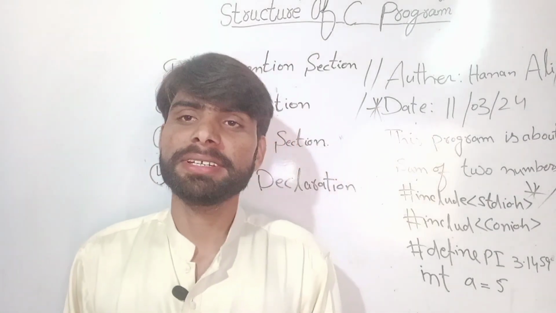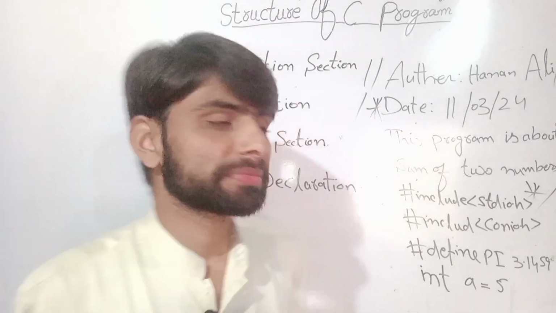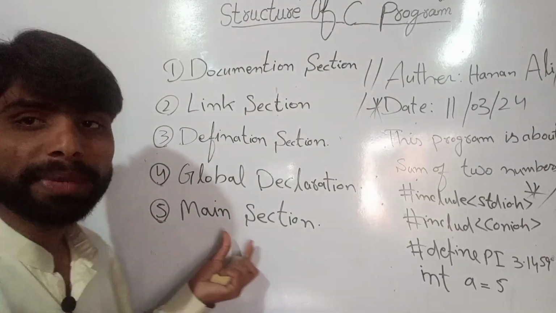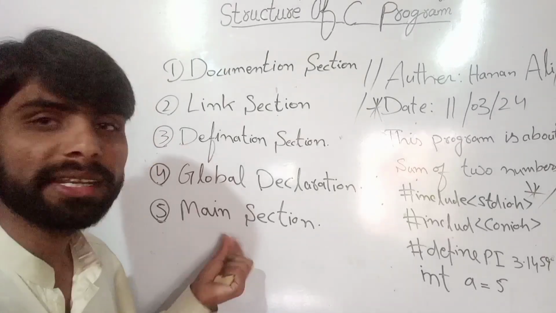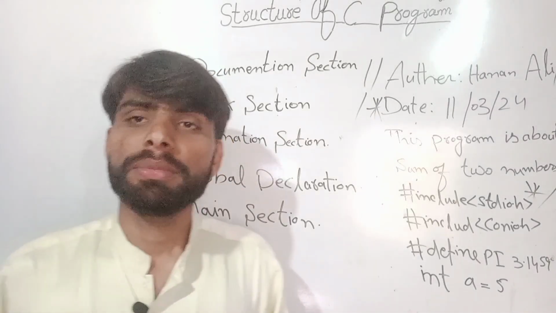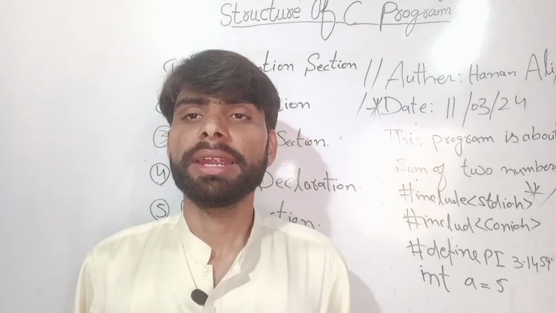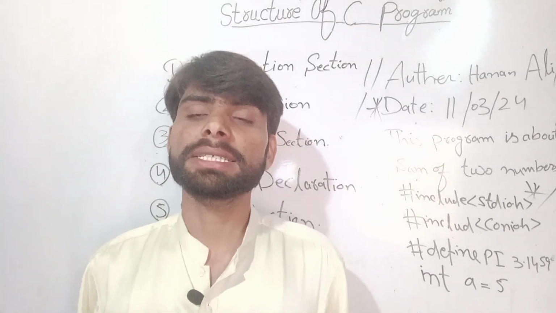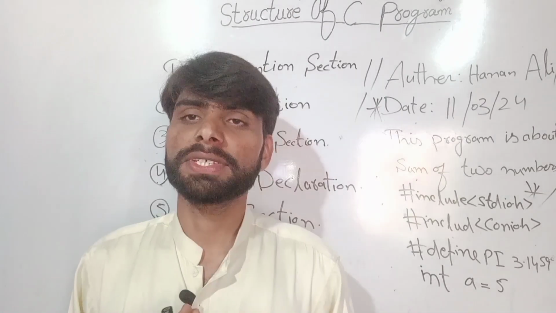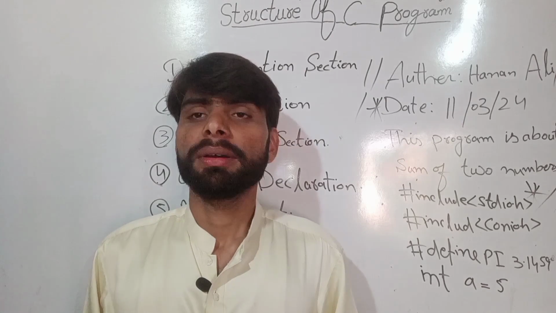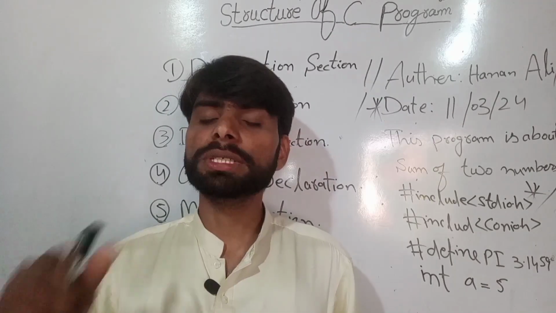And the next section in our program is the main section. It is very necessary in our program, because control first goes to the main function and executes it, then executes the other functions, user defined functions. But it always executes the main function.